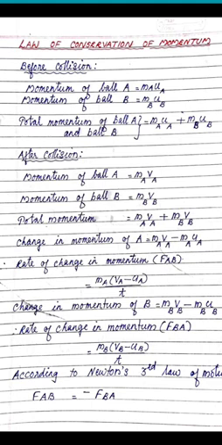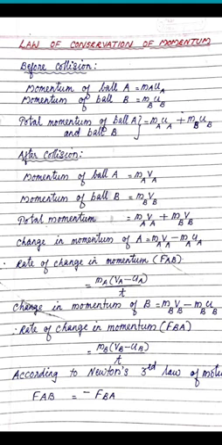Now we can see what is the change in momentum of object A. Change in momentum is final momentum minus initial momentum. Change in momentum of A means final momentum of A minus initial momentum of A. That is MA VA minus MA UA. Rate of change of momentum means change in momentum upon time, so we divide by t. Taking MA as a common factor, we get MA into (VA minus UA) upon t.